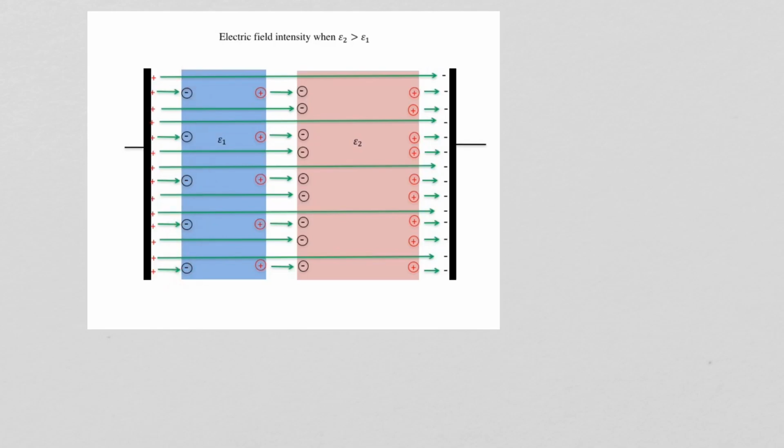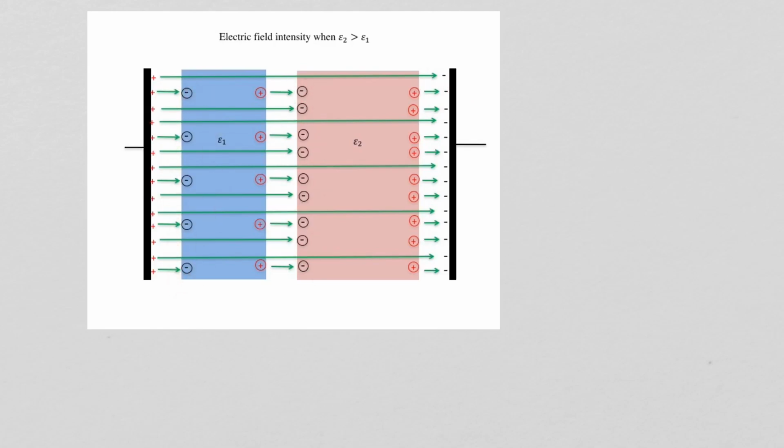The lines we're seeing are indicating electric field intensity. So electric field intensity begins on positive free charge or positive bound charge, and it terminates on negative free charge or negative bound charge.